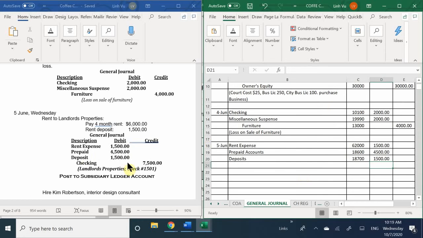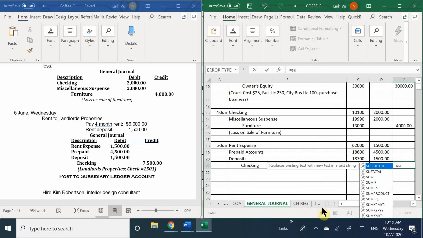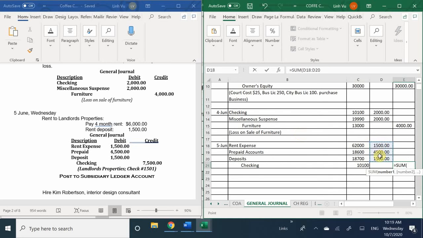And lastly, I wrote a check. Right? And checks come from your bank directly, so checking should be for the total amount of 7,500. Boom. I got it correct. 7,500.